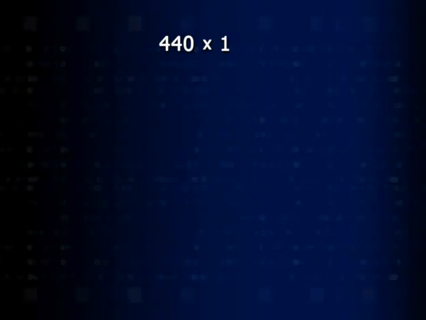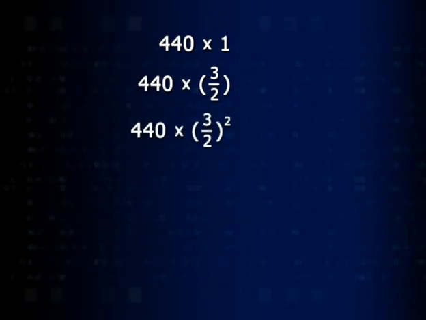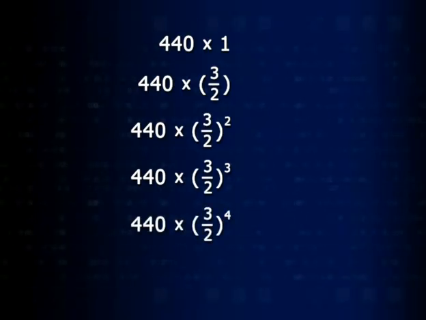These pitches are derived from a geometric progression of perfect fifths, starting with the first pitch and having a ratio of R, which is 3 halves. For example, if we start at the note A, which is 440 hertz, we would produce 440, then 440 times 3 halves, then 440 times 3 halves squared, then 440 times 3 halves cubed, then 440 times 3 halves to the fourth, and so on.